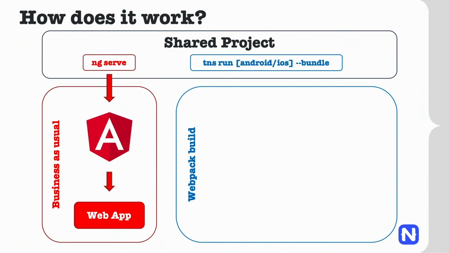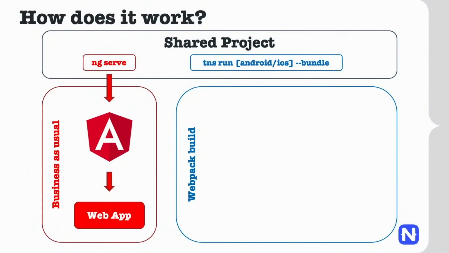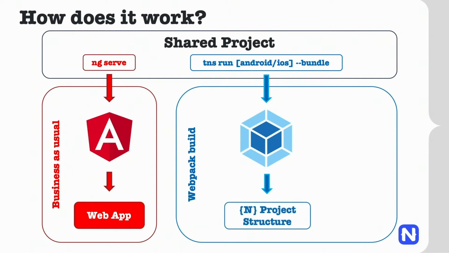So TNS is our CLI for NativeScript. If you call tns run, and then you choose either Android or iOS, and then --bundle, you signal that you want to use Webpack for the build. What will happen is, first Webpack will look at the project and find all the .tns files, and then in a virtual file system, it replaces them: it literally removes .tns and overrides the web-specific files.